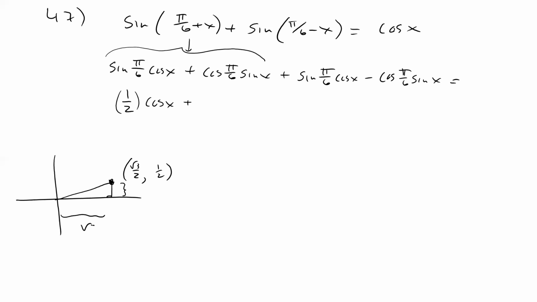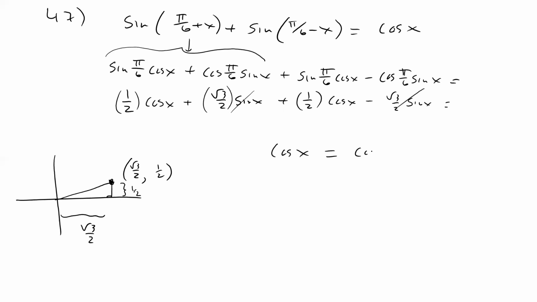Or you can do the triangle, because this one will give you the longer side, this will give you the shorter side. So √3/2 sine of x. There's another 1/2 right here. And this one's going to give you a negative √3/2 sine of x, and voila, these guys are gone. And I got 1/2 plus another half gives you a whole, and we are finished.